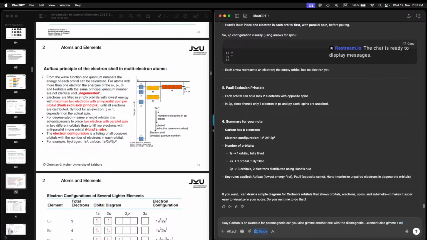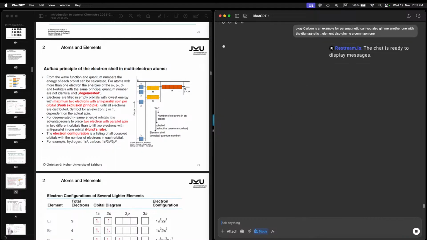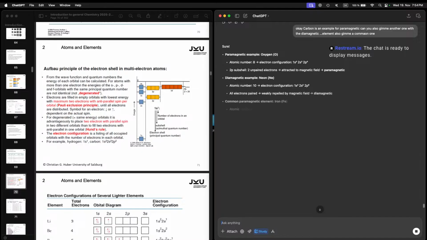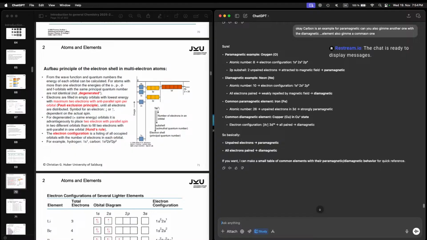We got the 1s orbital, the 2s orbital, the 2p orbital.